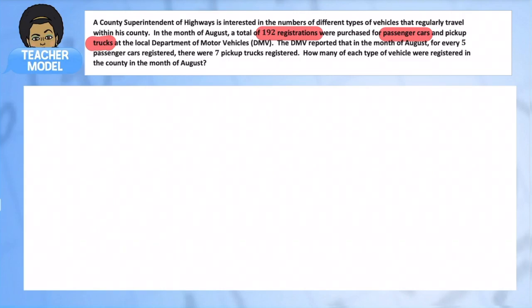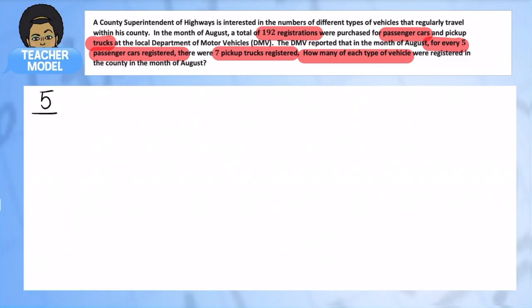At the local Department of Motor Vehicles, we know that as a DMV, the DMV reported that in the month of August, for every 5 passenger cars registered, there were 7 pickup trucks registered. So that is our ratio. That's our beginning part. And we want to know how many of each type of vehicle were registered in the month of August.